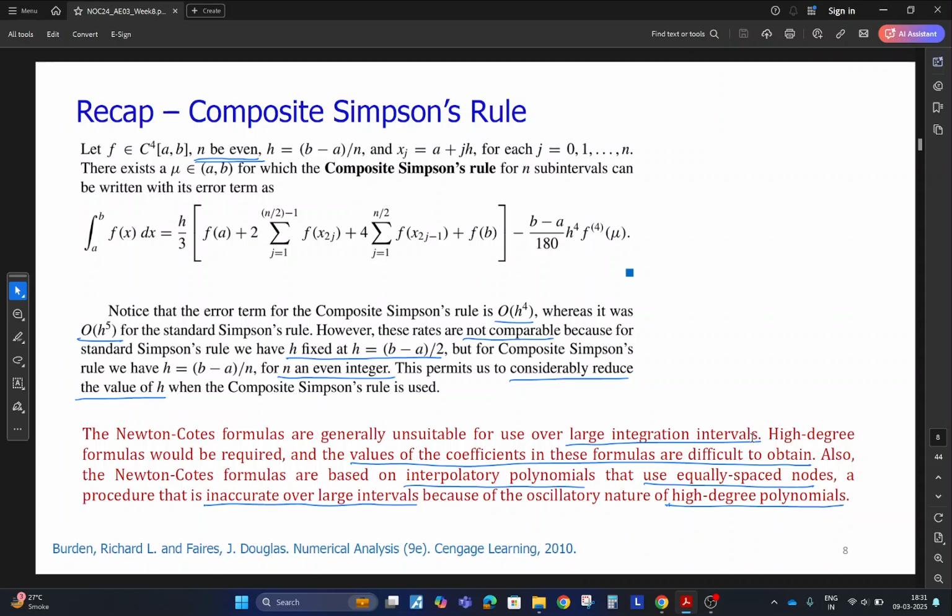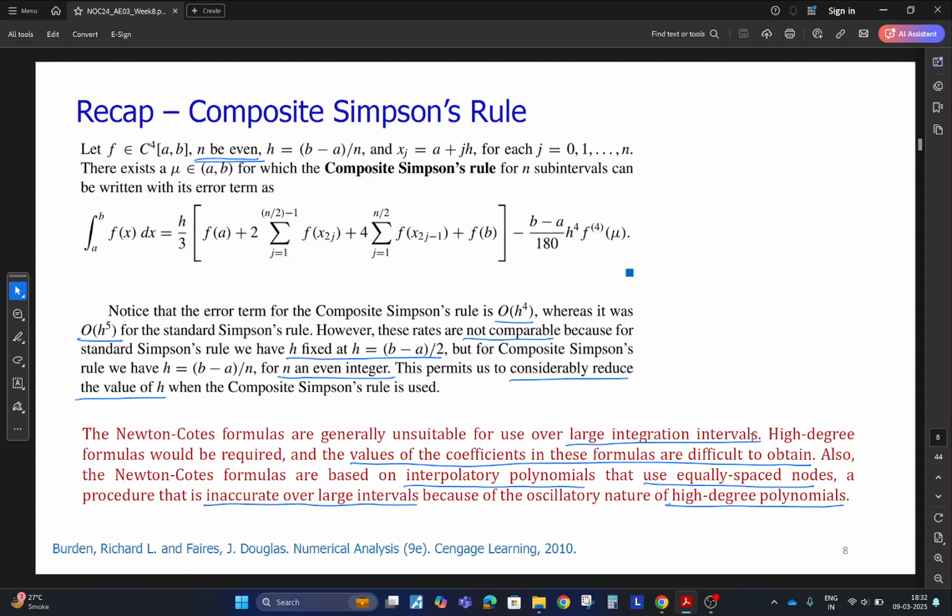So let f be fourth continuous on the closed interval [a, b]. Let n be even, that is the number of integration points we want, and let the step size h equal (b minus a) by n, as is typically the case because we want to space our integration points uniformly in the given interval.